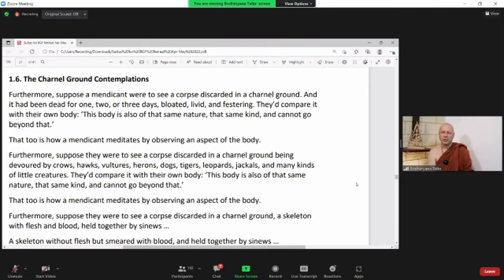Furthermore, suppose they were to see a corpse discarded in a charnel ground, being devoured by crows, hawks, vultures, herons, dogs, tigers, leopards, jackals, and many kinds of little creatures, like worms and all kinds of things. They would compare it with their own body. This body is also of that same nature, that same kind. It has not gone beyond that state, that reality here. That too is how a mendicant meditates by observing an aspect of the body.